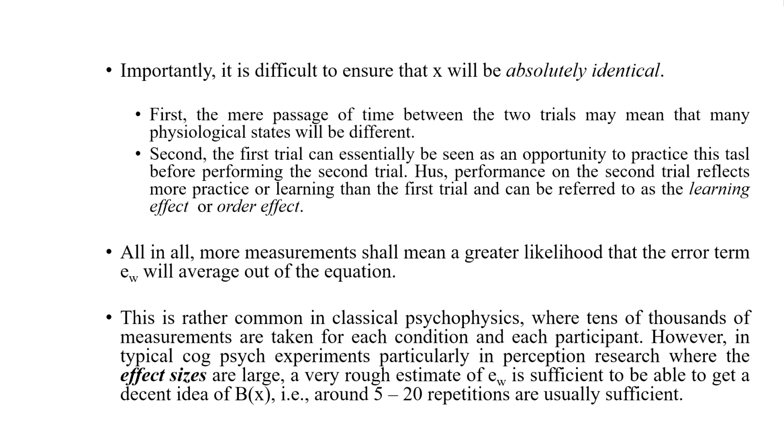And there is something else that is important, which is the effect size. When the effect sizes are large, for example, when you are looking for left hemispheric lateralization of word processing, then you will need fewer trials to get closest to that B of x that you are after.